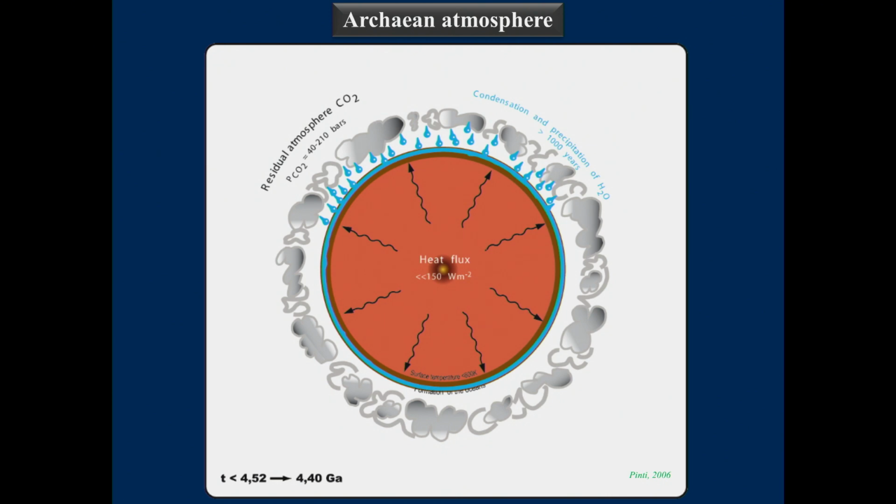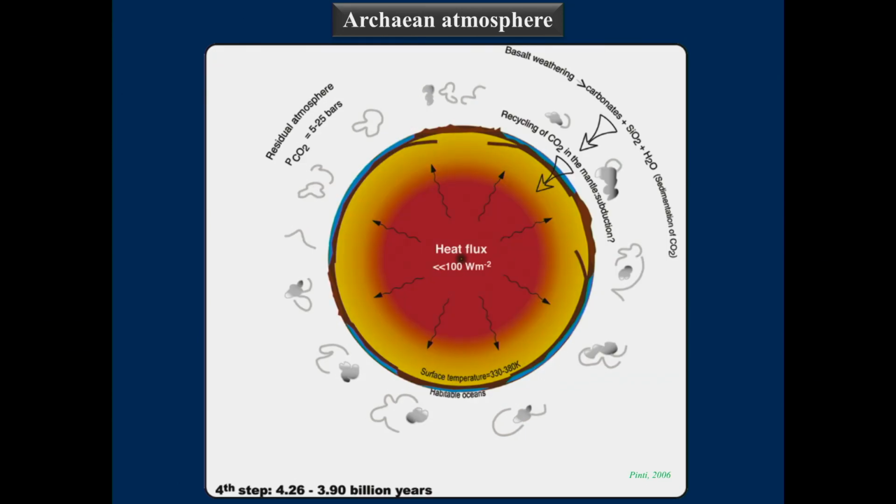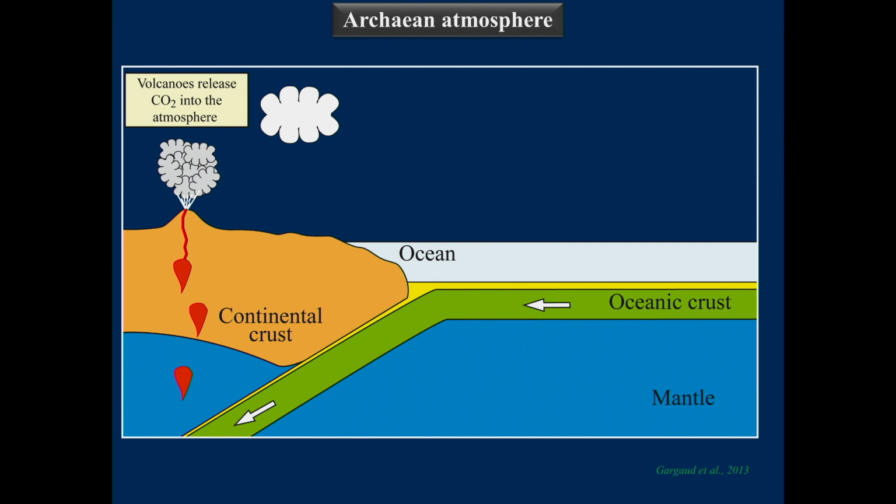Water fell down on the Earth very early, as we have seen, because we have seen that liquid water was available on the surface very early. And part of the CO2 that remained in the atmosphere was recycled, maybe due to subduction, into the mantle, but also in the ocean. And probably you know this kind of thing better than me.